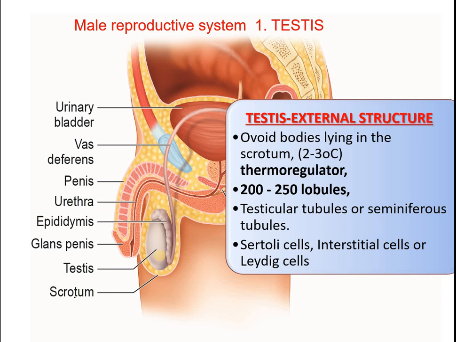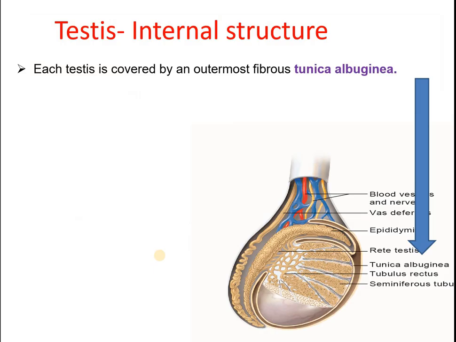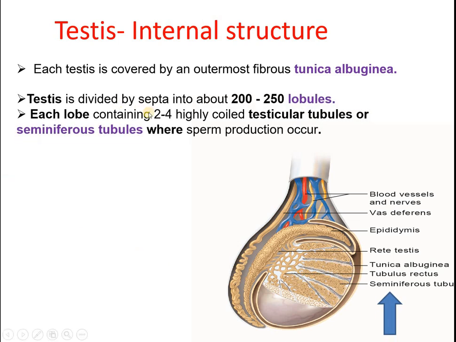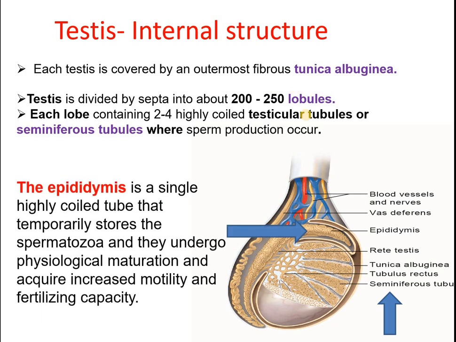Now we pass on to the internal structure of the testis. Each testis is covered by outermost fibrous tunica albuginea. See here, it is the outermost layer of the testis. And testis is divided into 200 to 250 lobules inside.